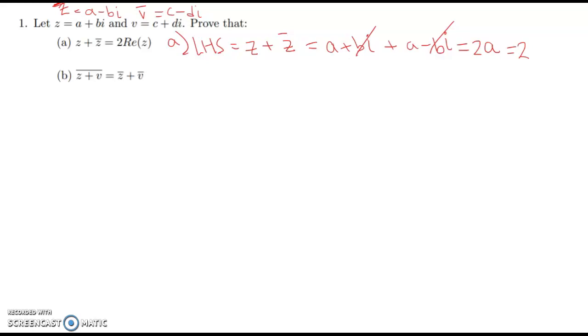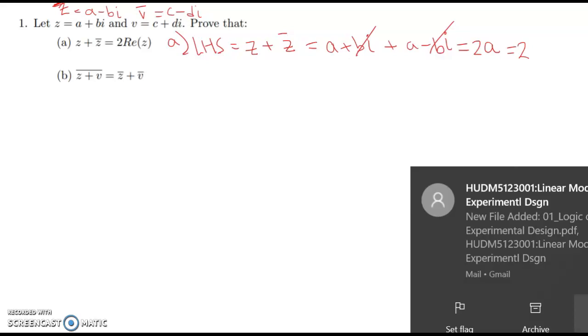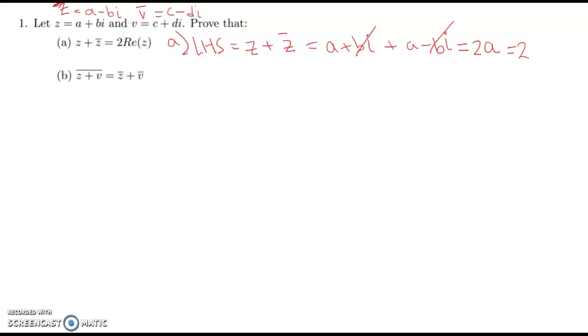Likewise, the real part of v is c, and the imaginary part of v is d. So this is the real part of z, and this is the right-hand side of our equation, which suggests that I am done with the proof.